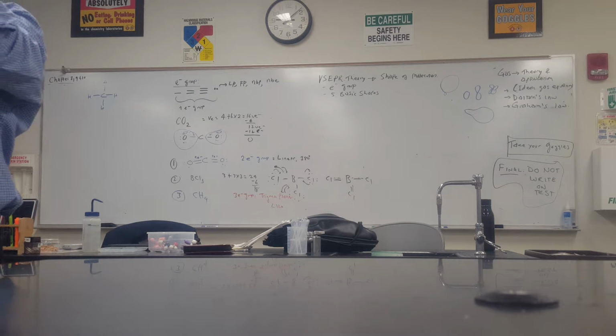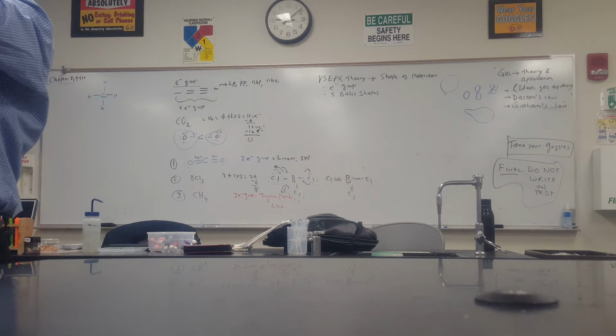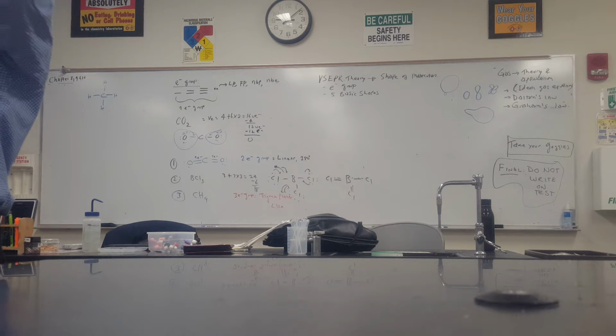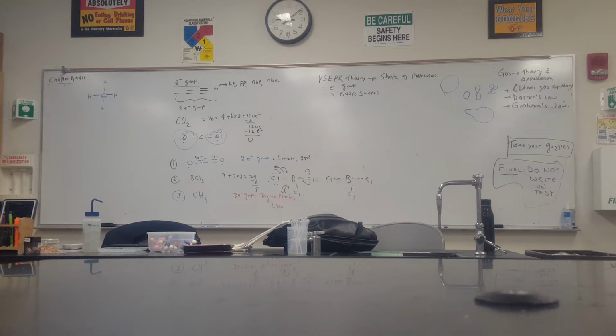Or one is towards me, this is away from me. Same thing. It's a 3D structure, so this is not planar now. And in fact, we can draw the same molecule.